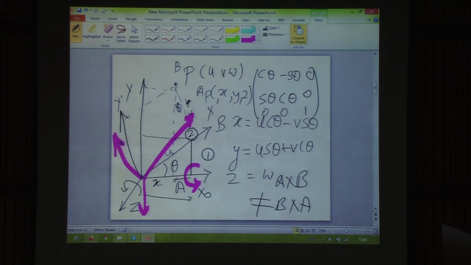So the order is reversed. Does this convince you that the order reverses, right? Why? Because it has gone first from here to here, then from there to there. So to bring it back, I will bring it back from here to here, then I will bring it back from there to there.